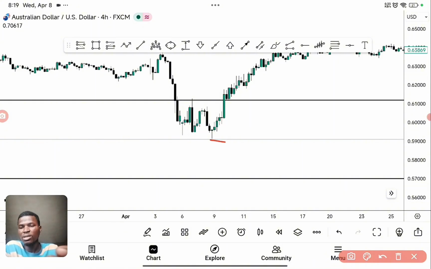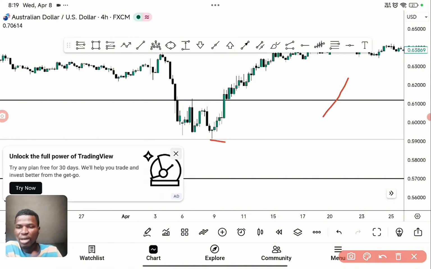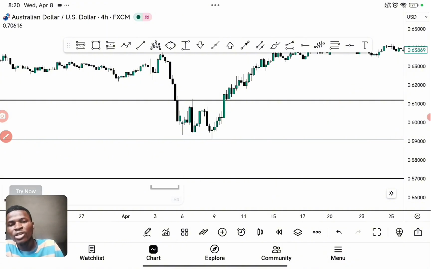It may work a little, but not much. But if you spot them at a key level, along a trend line, support and resistance level, psychological level, and with other confluence criteria, it will be more effective at that zone than spotting them randomly.